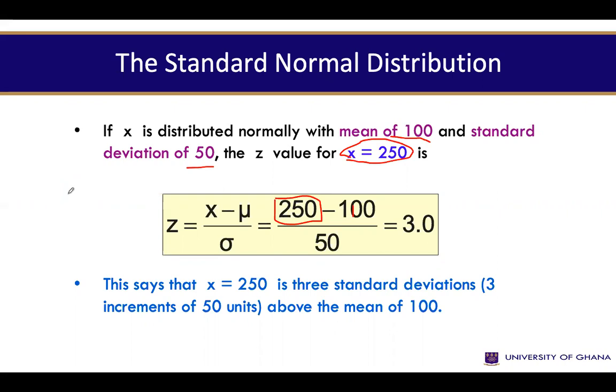That means that x equals 250 is three standard deviations above the mean of 100, and that is what you clearly see in this situation.